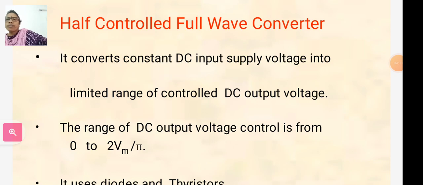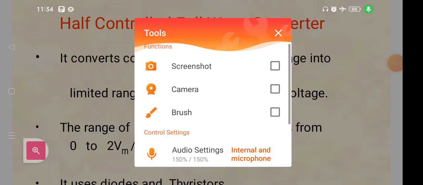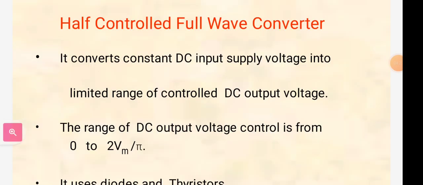In the half controlled full wave converter, it converts constant AC input supply voltage into a limited range of controlled DC output voltages.